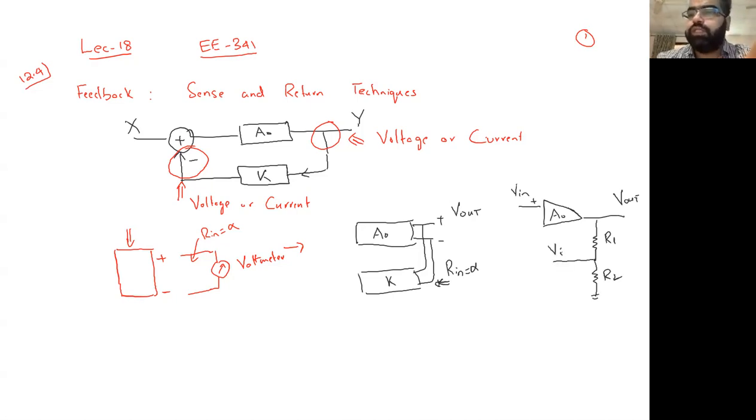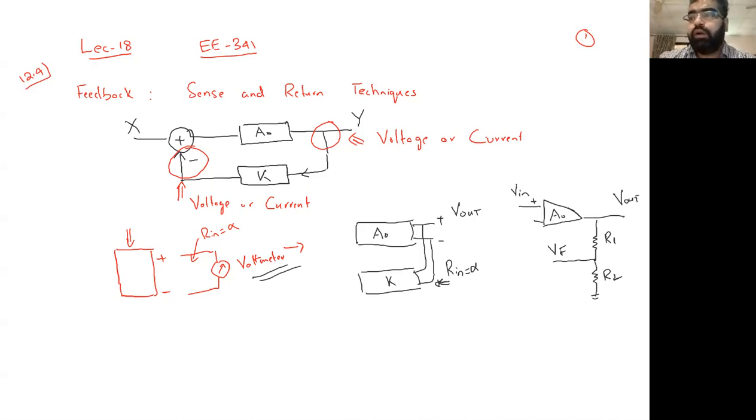So at this moment we are talking about sensing the voltage. We are sensing this voltage, that there is some voltage which is basically coming from an output. So we are sensing this voltage at the moment. Okay? And how are we doing this thing?